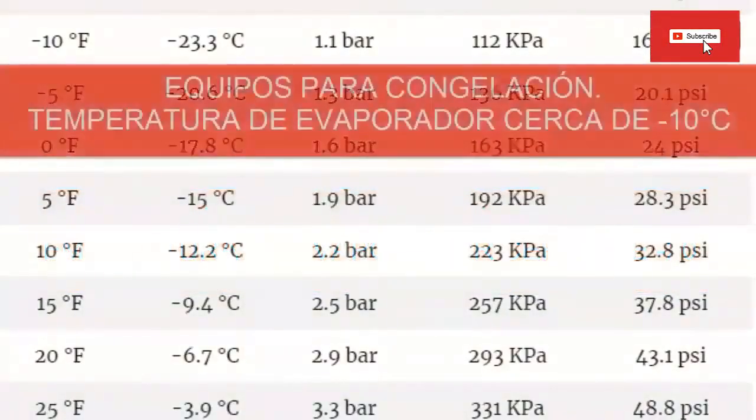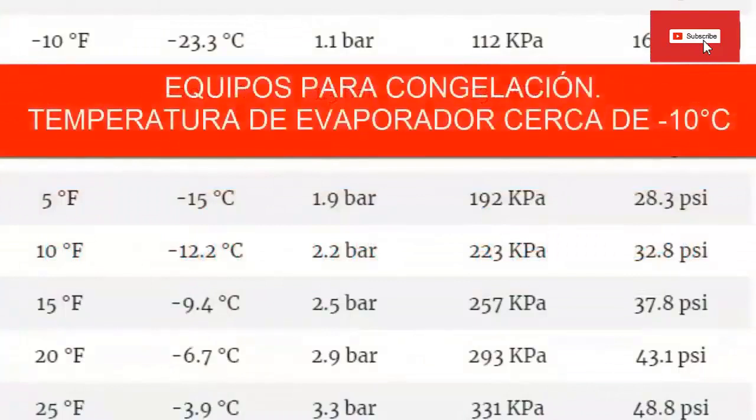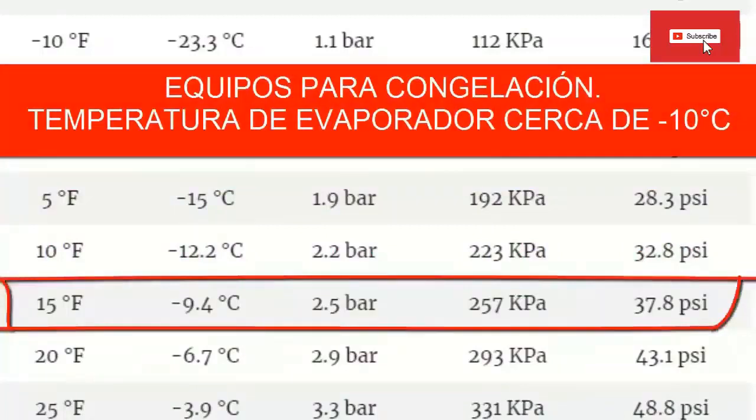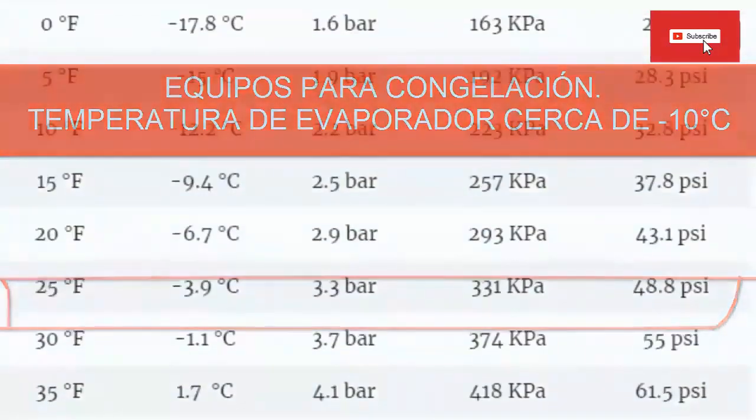Average temperature system freezing to minus 9.4 degrees Celsius, about 15 degrees Fahrenheit. If we look in the table, to reach this temperature in the evaporator, we need that when the equipment is turned on, it marks a pressure on the low manometer of approximately 37.8 psi. This value is equivalent to 2.5 bars.